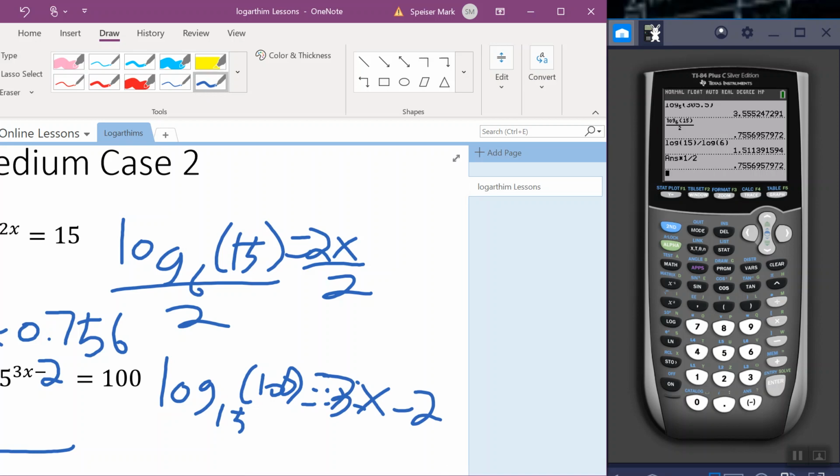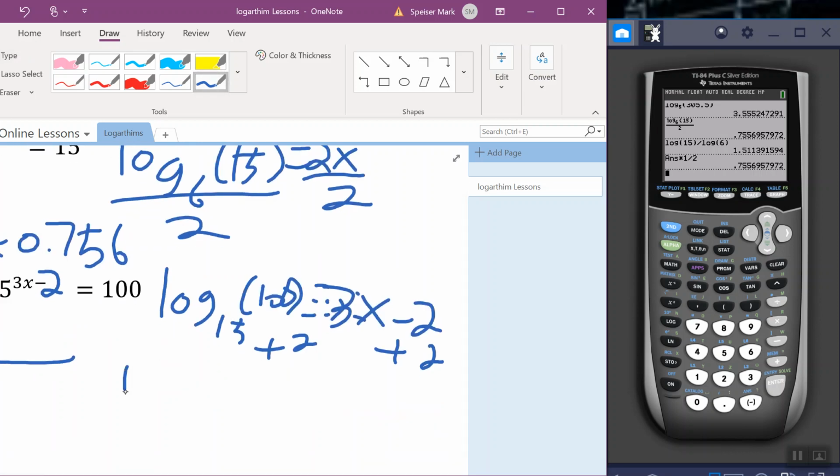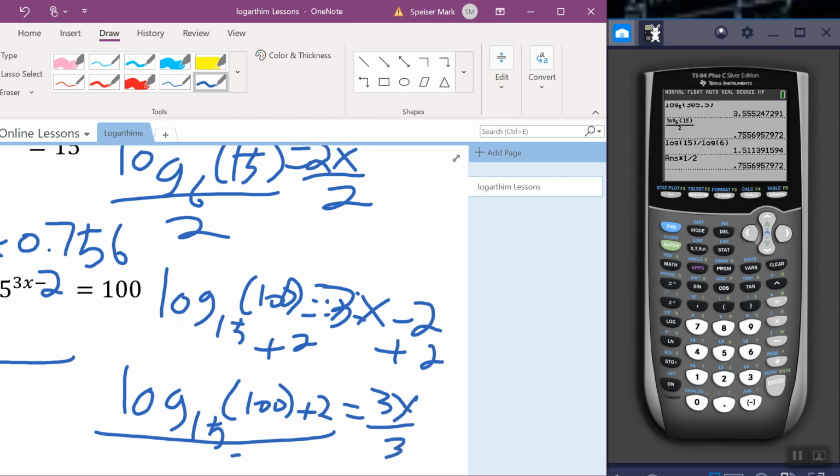Then you solve for x, so you add 2 on both sides. So you get log base 15 of 100 plus 2 equals 3x. And you divide everything by 3.